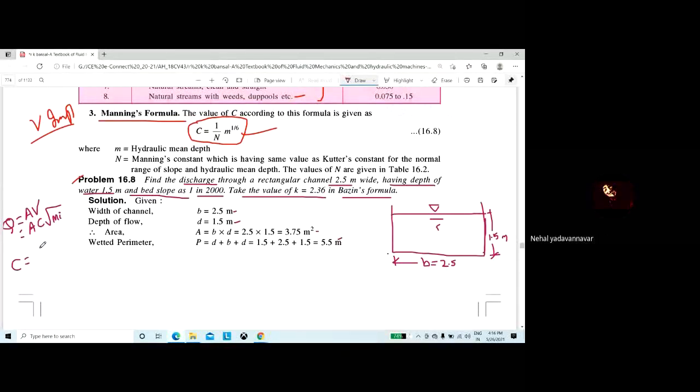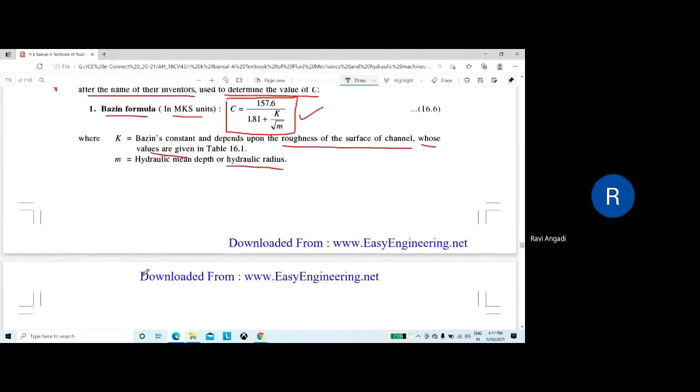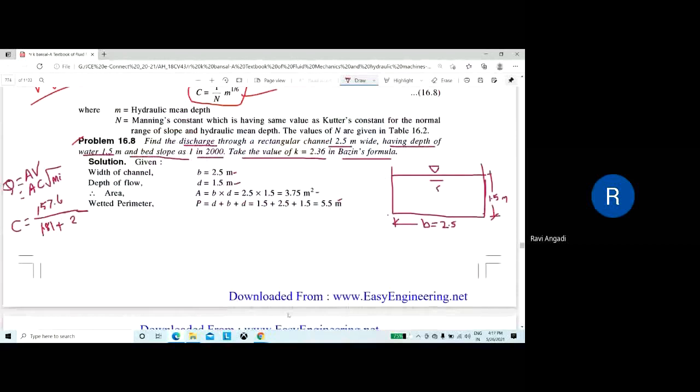C equals 157.6 divided by 1.81 plus K divided by root m. Good.